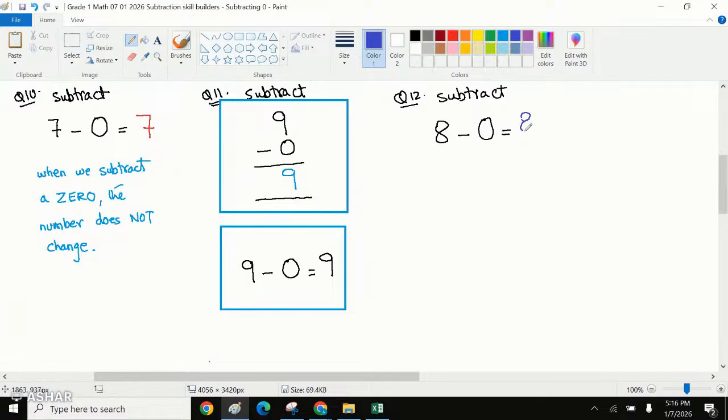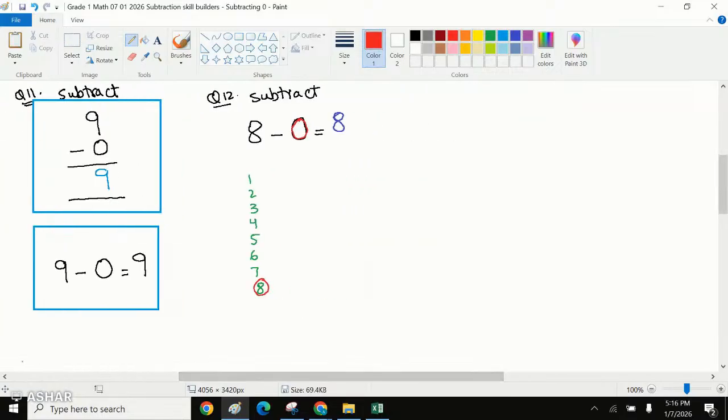8 minus 0 means the easiest way we remembered I told you was write the numbers 1, 2, 3, 4, 5, 6, 7, and 8. This was a minus 0, right? So if we do not remove anything, what is the largest number? We have 8 as the answer.